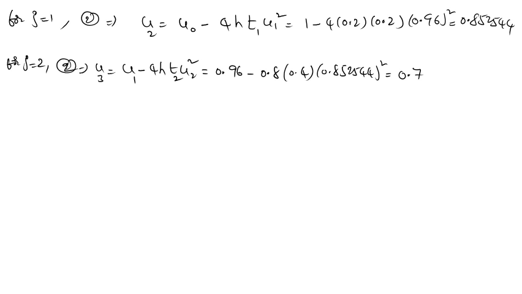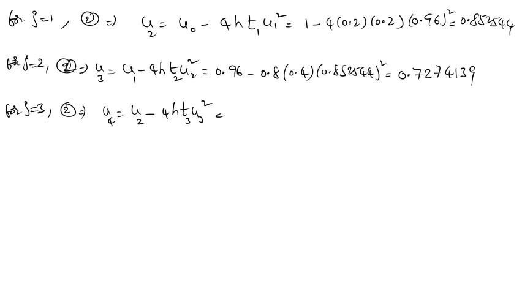This entire value is 0.7274139. Next, for j equals to 3, equation 2 implies u4 equal to u2 minus 4h t3 u3 square.